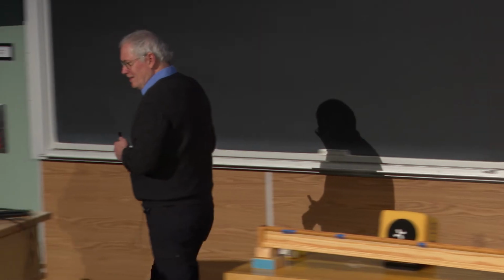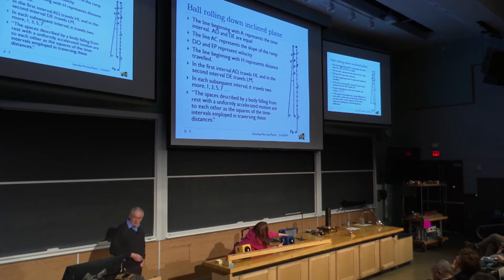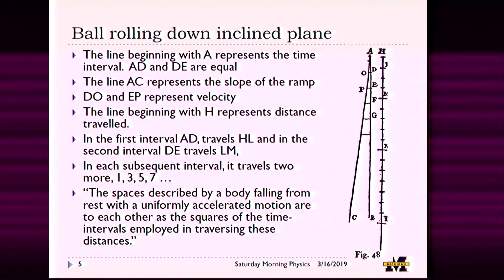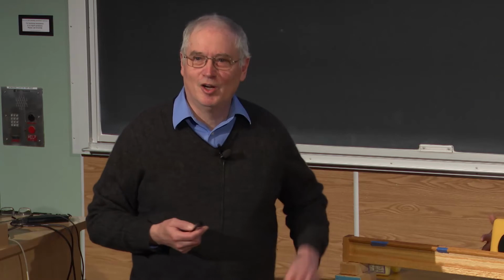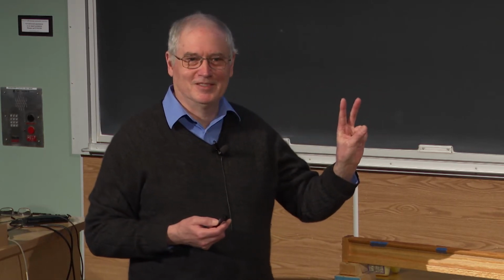So from this very simple experiment, he came up with this description. Not only did he make the observation, but he also made a mathematical model. Now, Galileo's tools for analysis were two things: a straight edge and a compass.